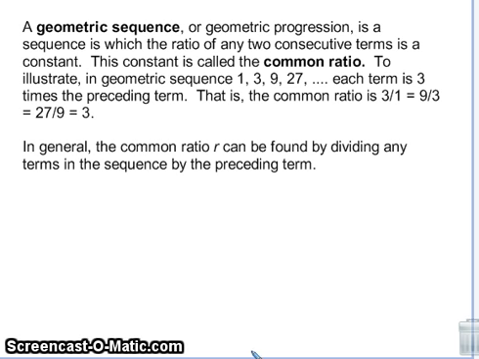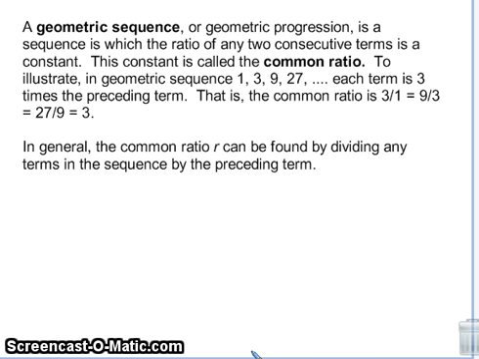A geometric sequence or a geometric progression is a sequence in which the ratio of any two consecutive terms is constant. This constant is called the common ratio.